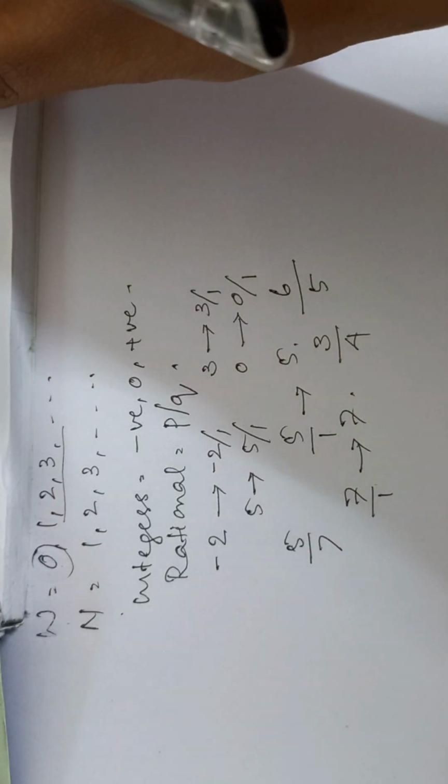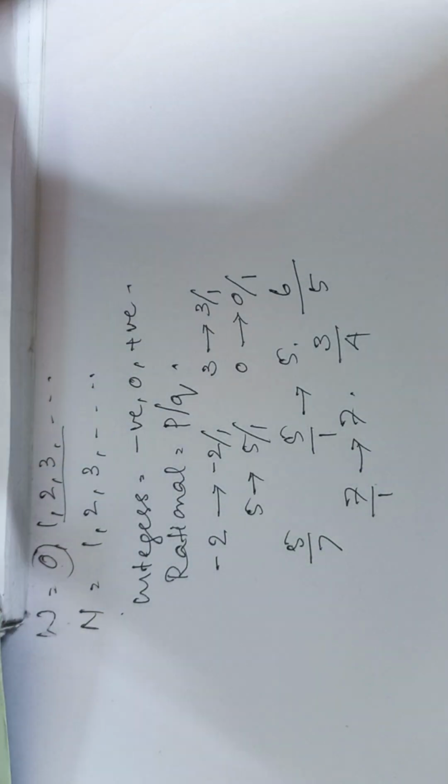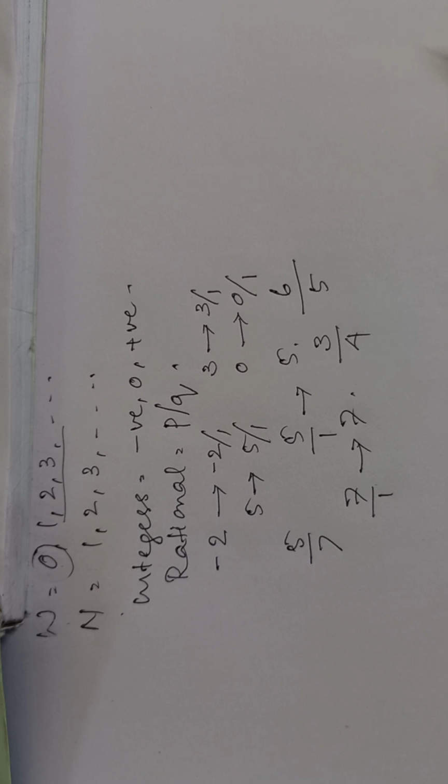Next we have to find out the number of rational numbers between two numbers, whether they are integers or rational numbers. In order to find the rational numbers between two given rational numbers or two given integers, keep in mind that there are infinite rational numbers between any two given rational numbers or integers.